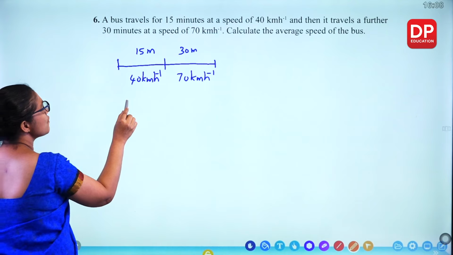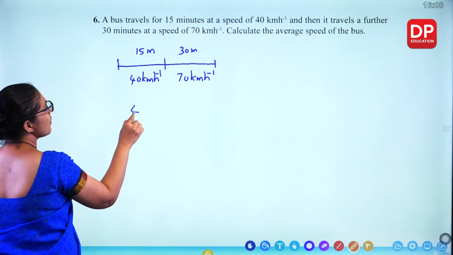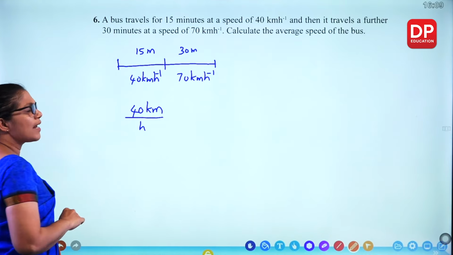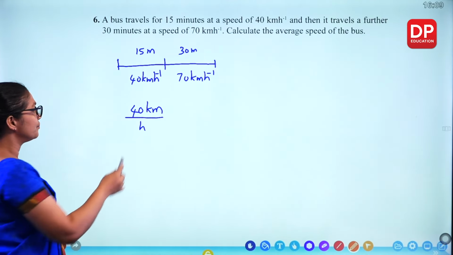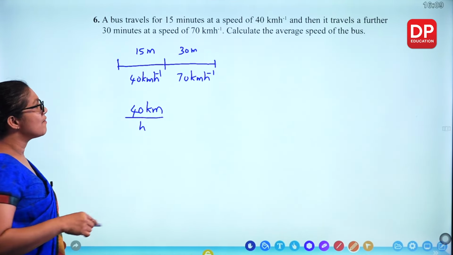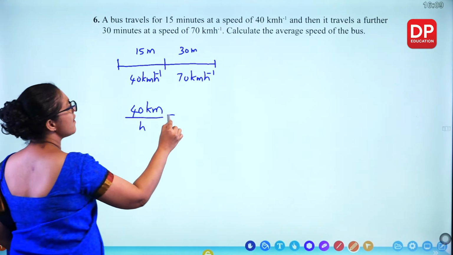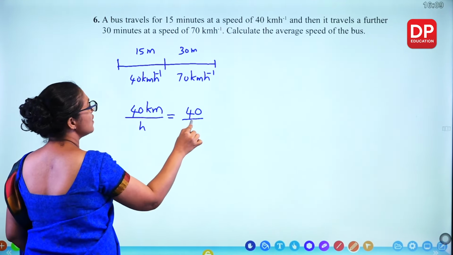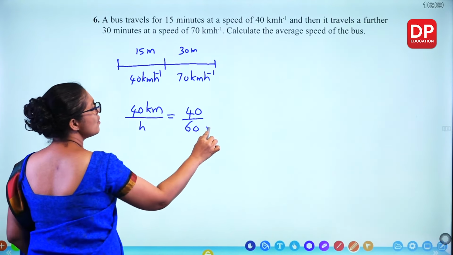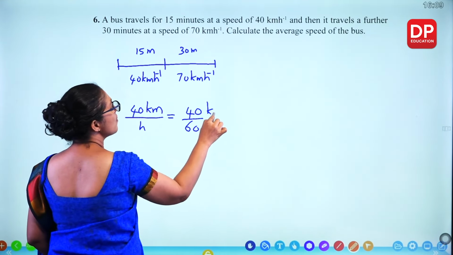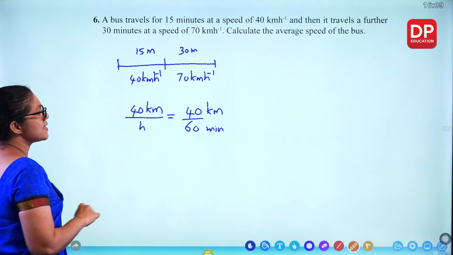Now here this is 40 kilometers per hour. How can we convert to minutes now? Hours you need to convert to minutes. 60 minutes. So I can write this one as 40 over 60. Now this is in kilometers and this is in minutes.